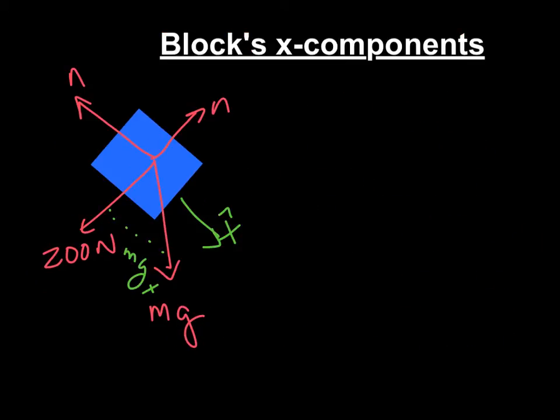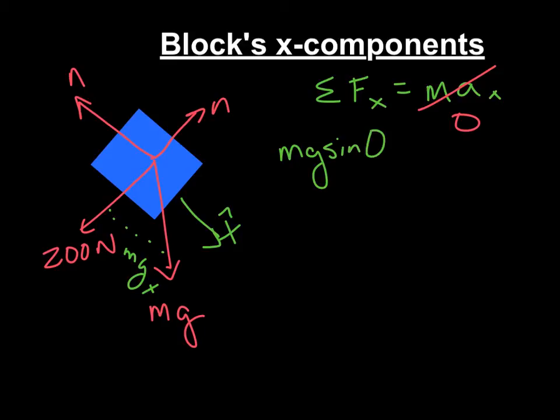Okay, so we're going to start, like we always do, with sum of forces in the x direction equals ma_x. We know it's not accelerating because we're in equilibrium, and we know that in the plus x we've got mg sine theta because it's going with gravity. Gravity's helping it down the ramp. And that should be mu times N because it's force of friction. So mg sine theta minus mu N equals 0.